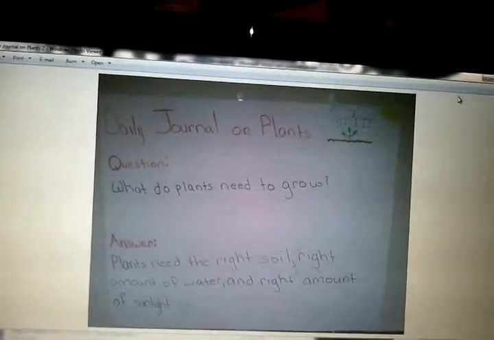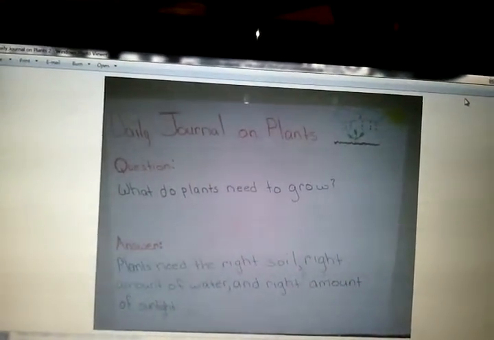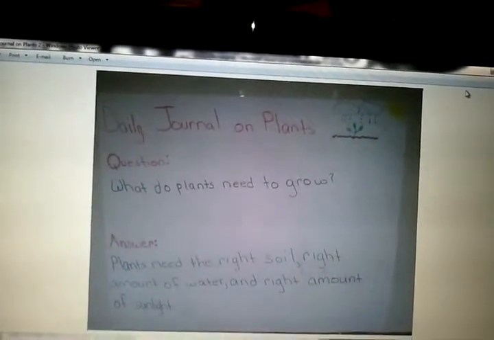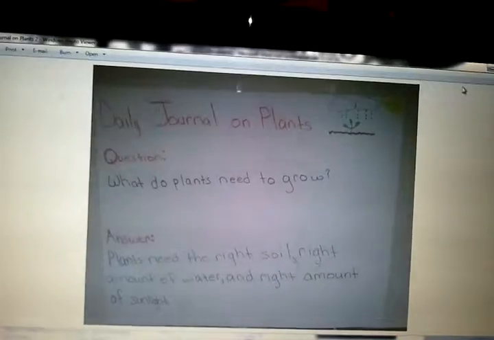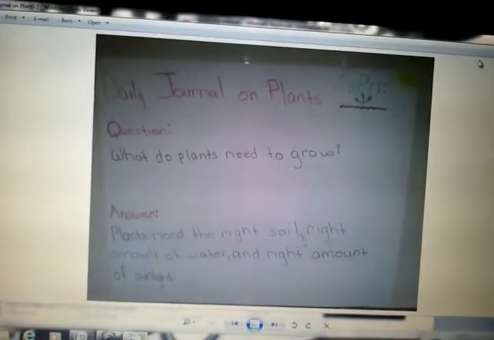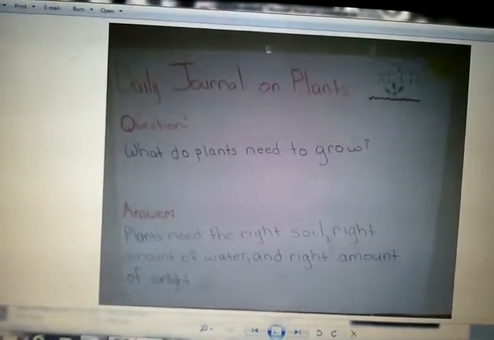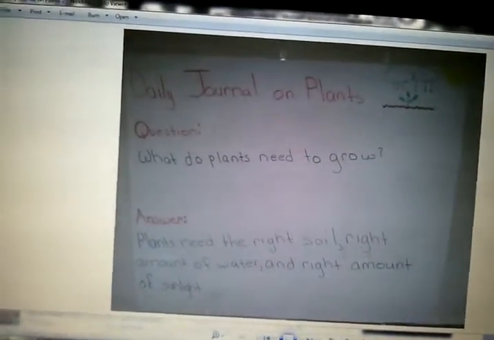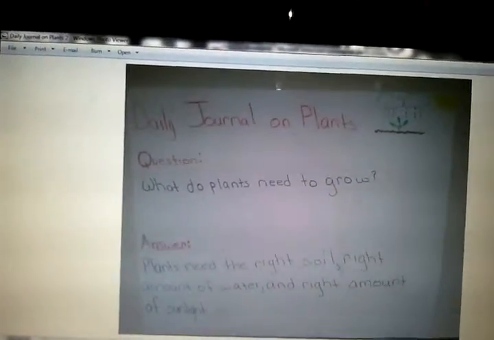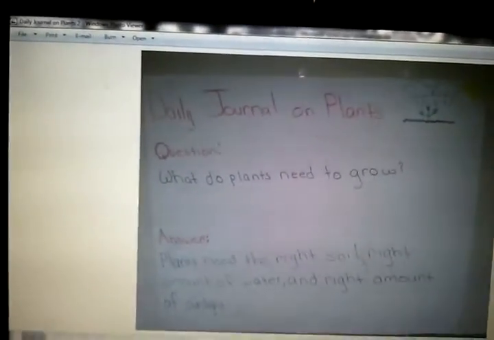For this day, on the board, we wrote, "What do plants need to grow?" And the answer was plants need the right soil, right amount of water, and right amount of sunlight. Each day they will write it in their journal, and I will write it on the board.